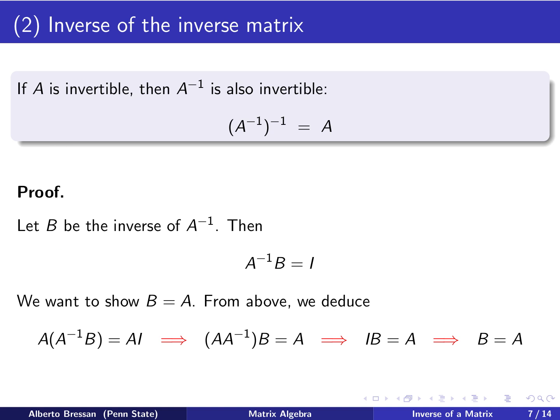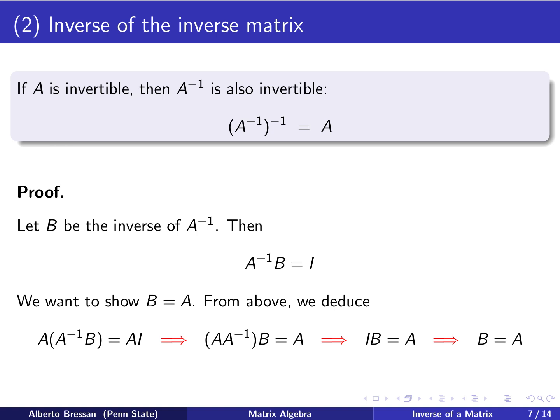So let's put B on the right: A inverse times B equals identity. Keep in mind, in the end, we want to show B equals A. From this relation, we multiply on the left with the matrix A. So I have A times the left-hand side equal to A times the identity.